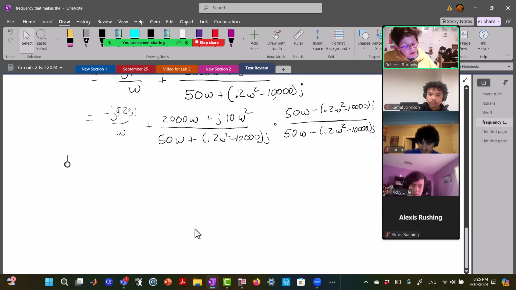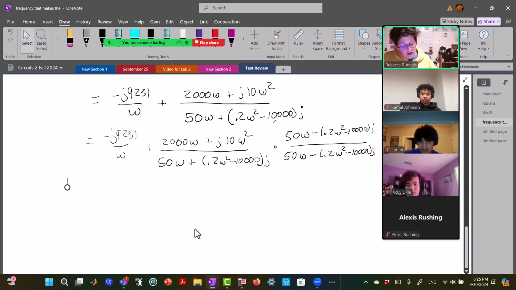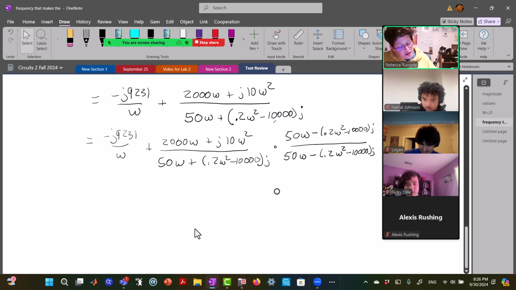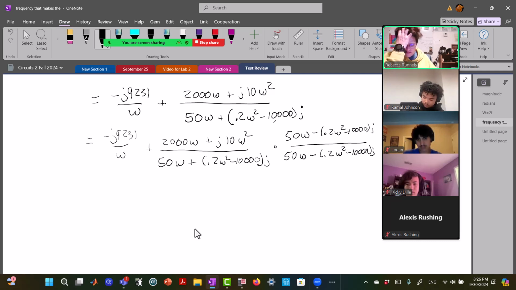When I multiply by the conjugate, this denominator is going to be real, and the real part is not important in making the imaginary part equal to 0, so I don't really care what it is.